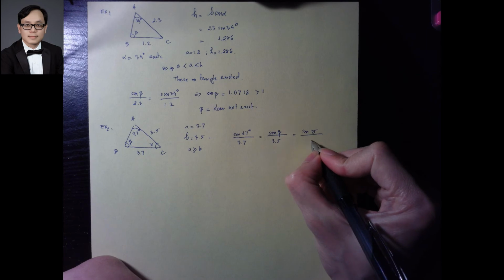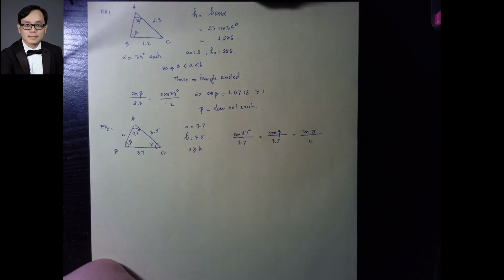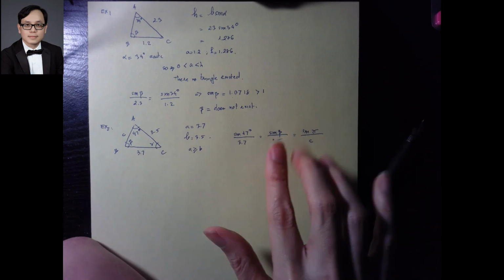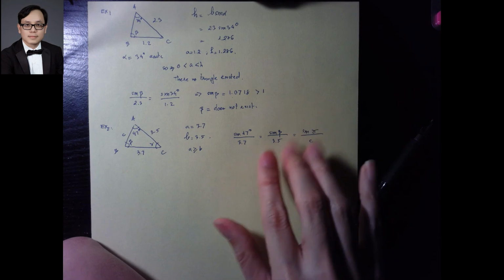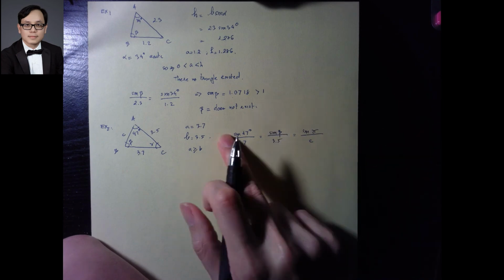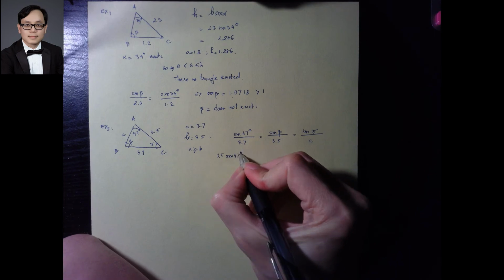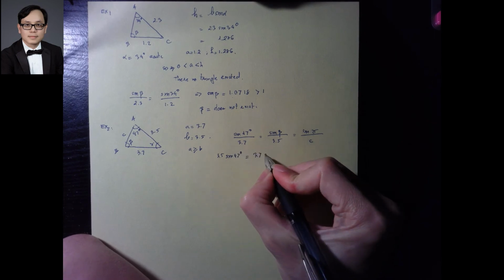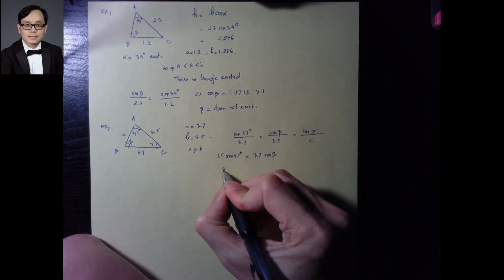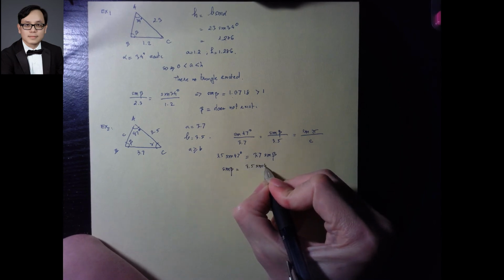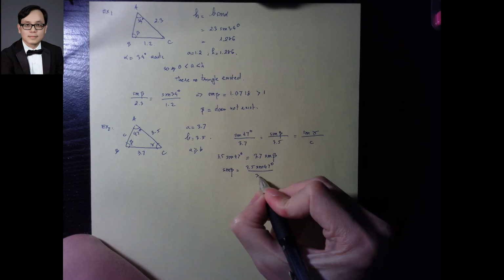I call it C, which is AB. From this proportion here, I can solve for beta. I cross multiply, so I have 3.5 sine 47 degrees equals 3.7 sine of beta. Then sine of beta equals 3.5 sine 47 degrees over 3.7.